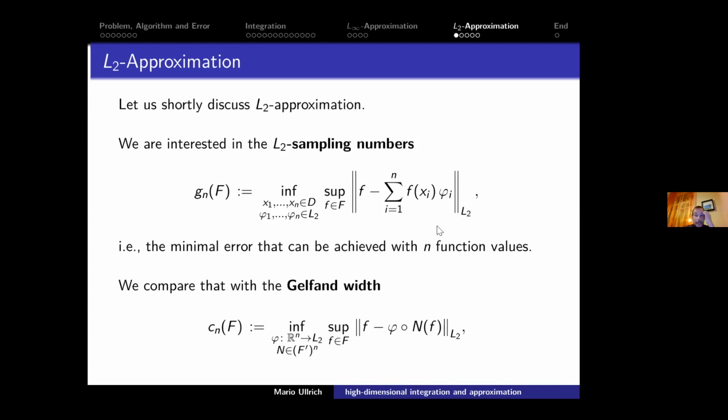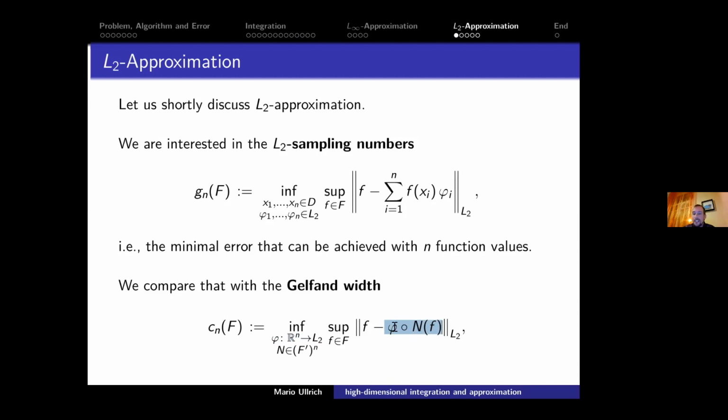And we want to compare this with the Gelfand width of the class F. The Gelfand width is just taking an arbitrary set of n linear measurements, so linear functionals on your class F, and combining these n pieces of information by an arbitrary mapping phi. That's everything that we could call an algorithm, right?